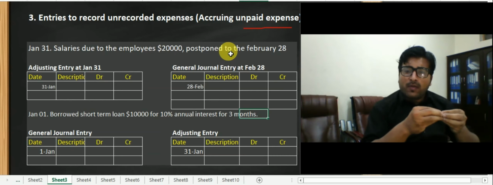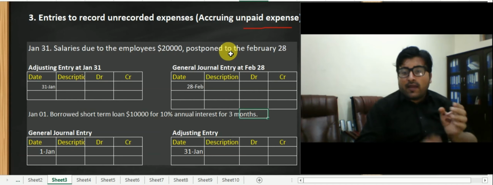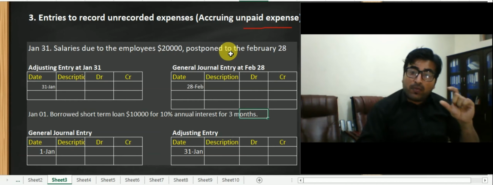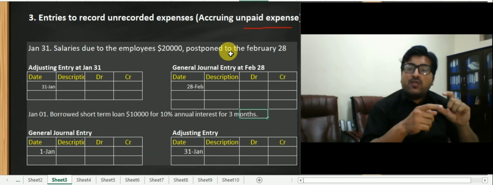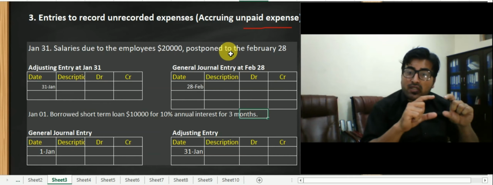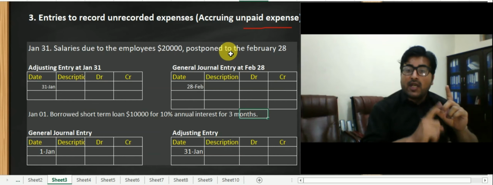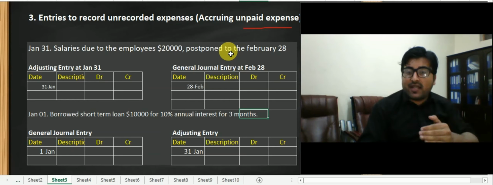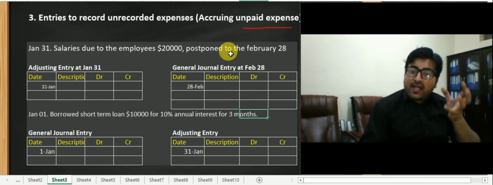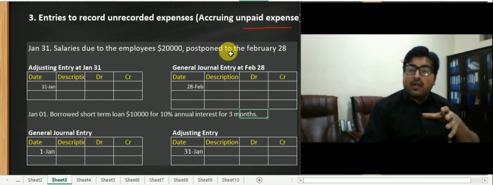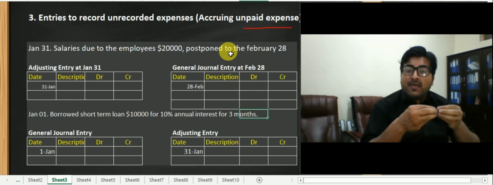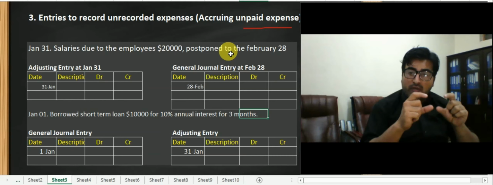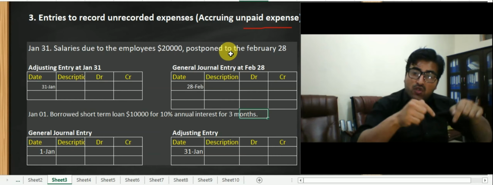The problem is that if you are showing the expenses higher in one period mistakenly, it means you are reducing the profitability of that particular period, and that will mislead the reader, the stakeholder, the shareholder, and everybody. So that is why in adjusting entries, we learn that a company must record the revenue and the expenses of the period in its own period.